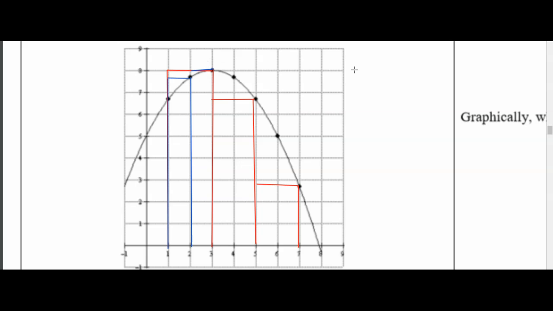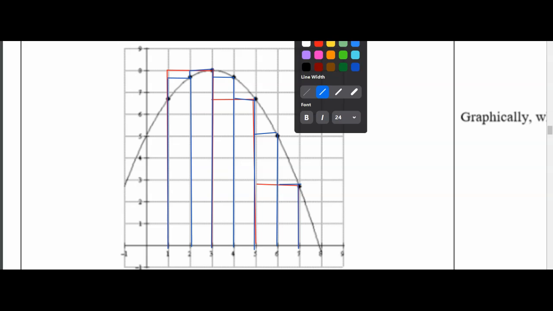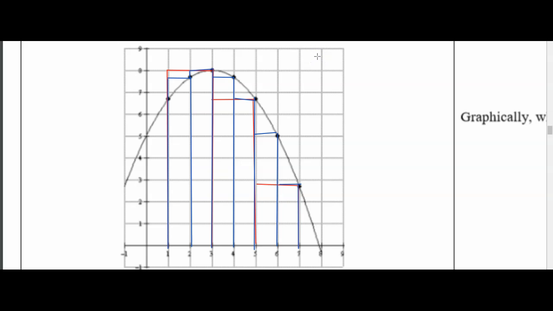Still doing a right Riemann sum though. And we can think, do we think the blue is a better estimate, or do we think the red would be a better estimate? And we could even go further. We could break them into intervals of 1/2.